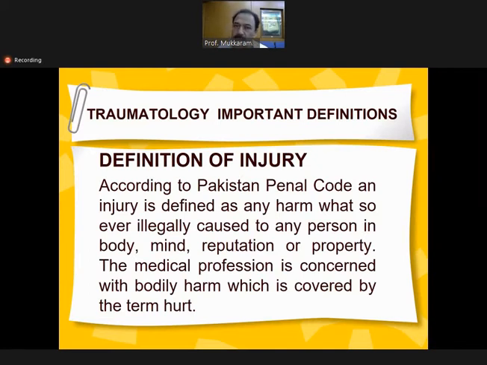So the most important part is you declare that this person, according to the classification, according to the law, according to the Qisas and Diyat ordinance, that is the ordinance which we are following since 1979.